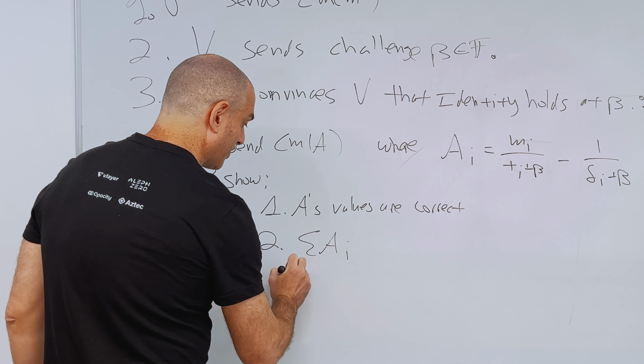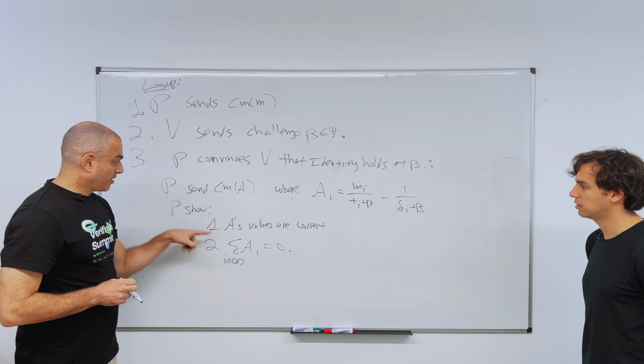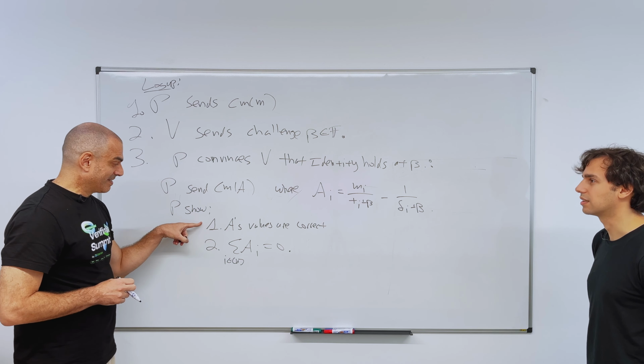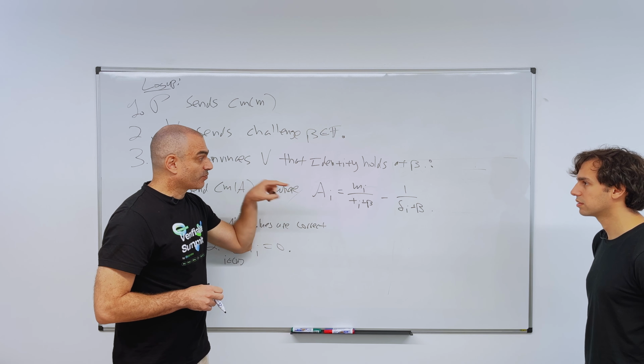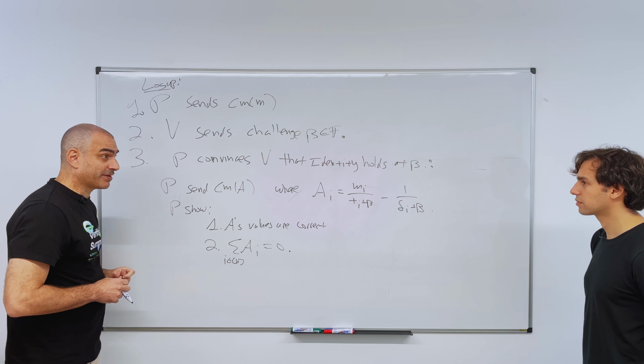And this is because of the identity where we had some on the left, some on the right? Exactly. So given 1, if 2 holds, that exactly means that the rational identity we saw in the basic lemma holds at beta.